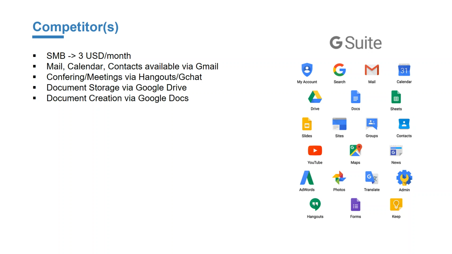You're going to have a lot of similar tooling, so the mail, the calendar, the contacts are going to be available via Gmail. You're going to have conferencing meetings via Hangouts, document storage via Google Drive, and document creation via Google Docs. So it's going to be your Google Word, Google Excel, and whatnot.